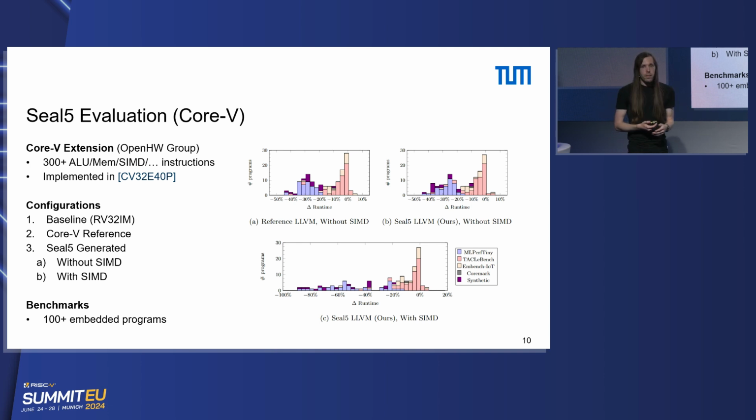For the SIMD case, I have to mention that SIMD code generation support was not added to the manually implemented reference LLVM. But with CL5, we can actually also make use of the SIMD instructions, which leads to very good performance improvements, like up to a factor of 8 for some benchmarks which are vectorizable very well.